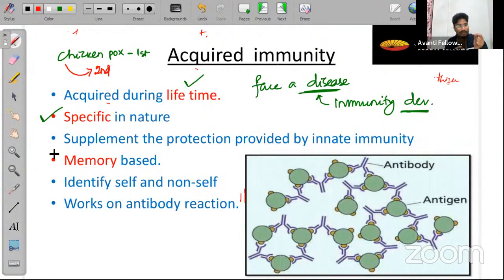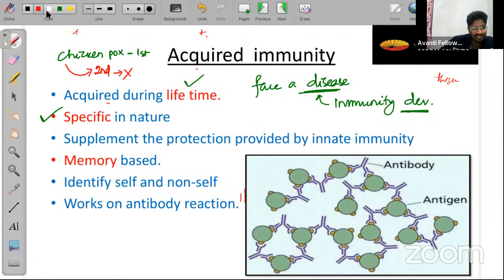When the chicken pox virus enters for the second time, the initial memory can be utilized to fight against it, and we may not be affected when it tries to enter for the second time. We cannot be affected. Why? Because we have memory of that virus from when it tried to enter for the first time, when we were affected for the first time, right? So that immunity has developed.